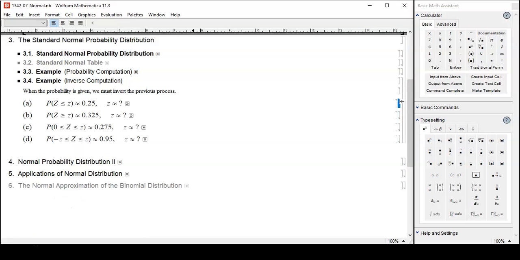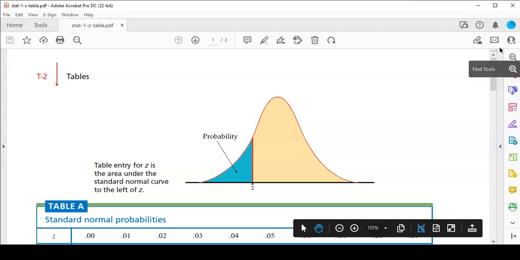Here's another problem. Z is greater than a certain small z value, but the probability is supposed to be 0.325. How do you deal with that? Well, okay, all right, 0.325. Let's open up this normal table.